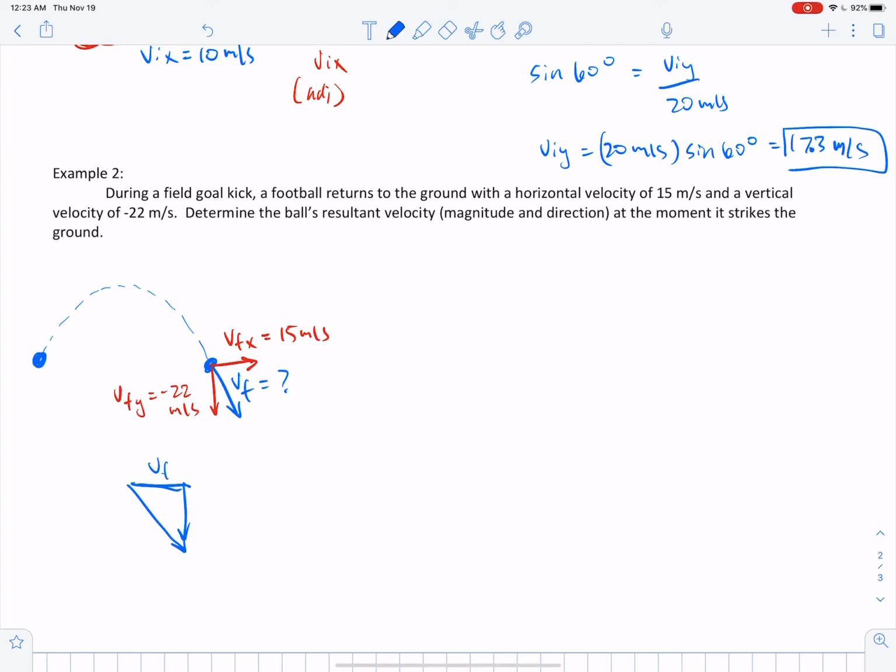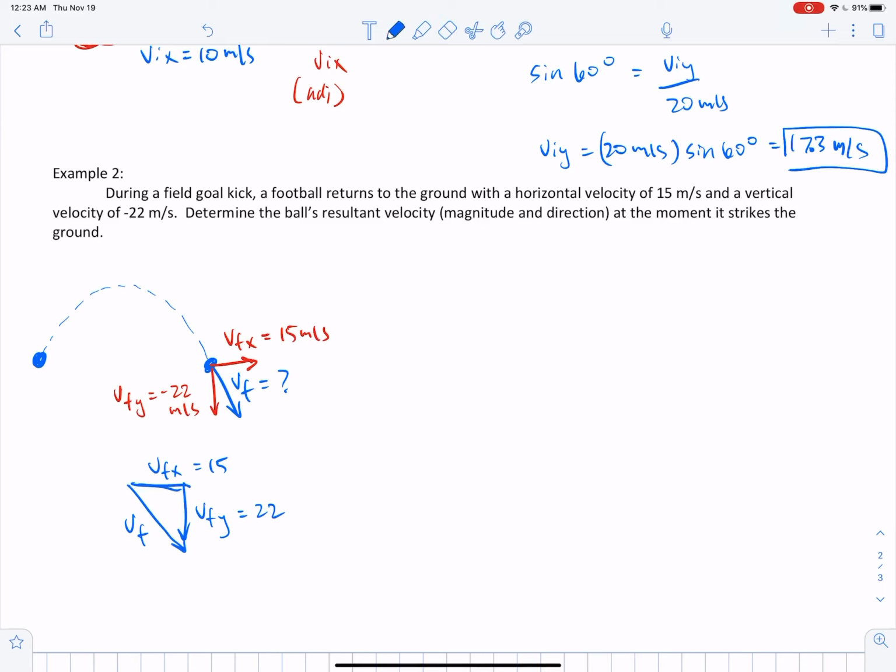So the horizontal component is here, the vertical component is here, and the resultant component is here. Okay, this is 15. This is 22. I'm not going to call it negative anymore because my picture shows that it's down, and my triangle is already accounting for the positives and the negatives. So since I'm drawing the directions themselves, I don't need to use positive and negative anymore. I can drop those designations.